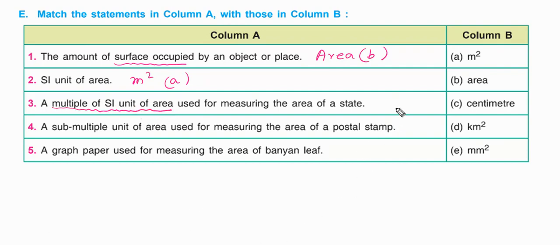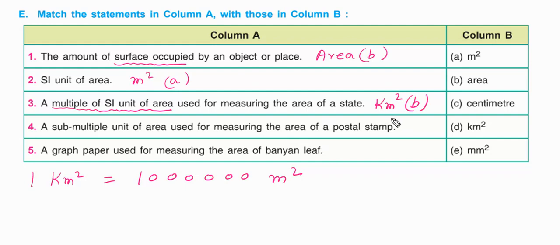The area of a state is represented by kilometer square. Hence option B. And you know that 1 kilometer square is equal to 1,000,000 meter square. So the correct answer is B.